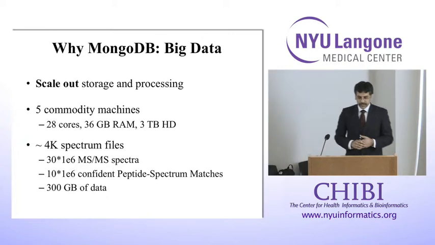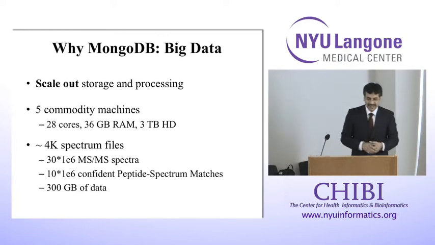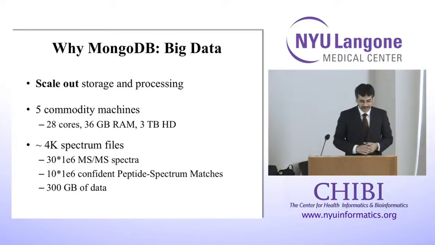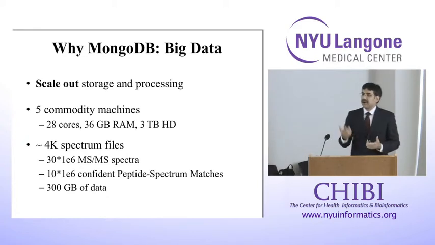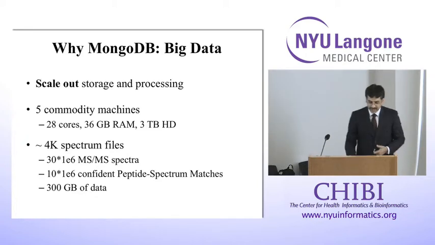Okay? The next advantage of MongoDB, this actually applies to all NoSQL databases, is that they all have a scale-out architecture, both in terms of storage and processing. So for the current proof of concept study, I have used 5 commodity machines, standard desktop machines, a total of 28 cores, 36 gigabytes of RAM, 3 terabytes of hard disk space.